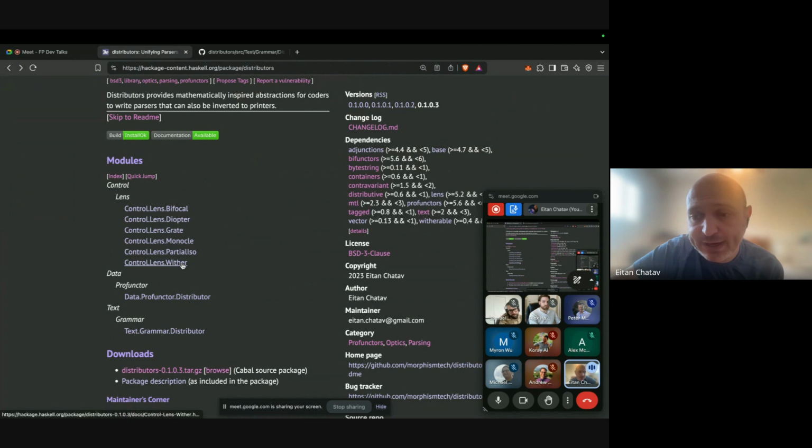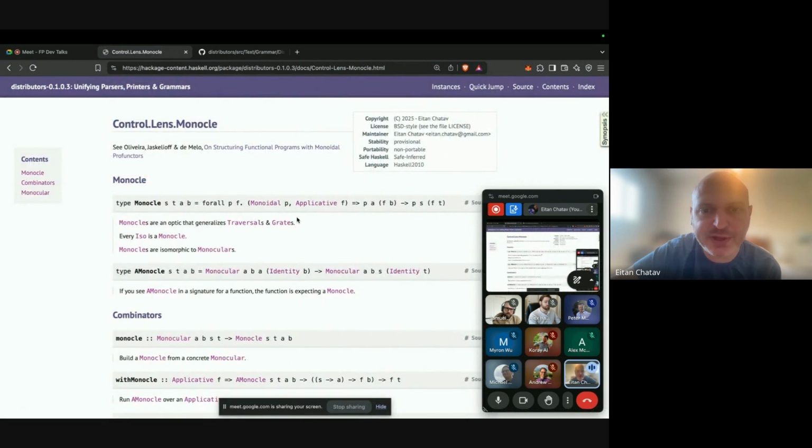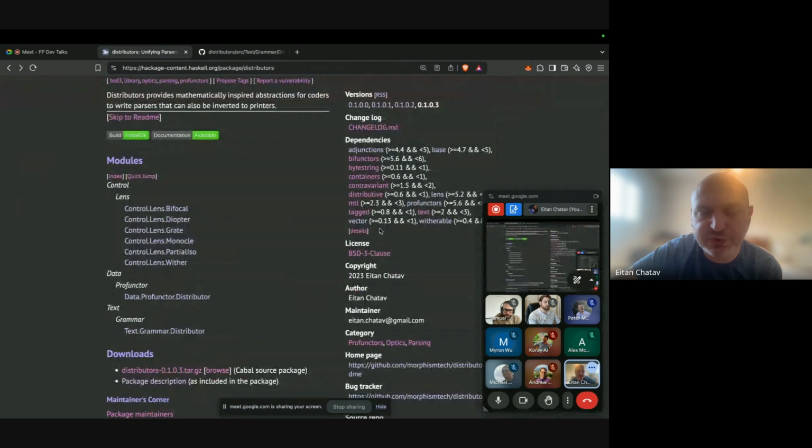Withers are like traversals, but instead of applicative, they have alternative, and they can be used as filters. Monocles generalize both grates and traversals, and they are for monoidal Ps, hence the name monocle.